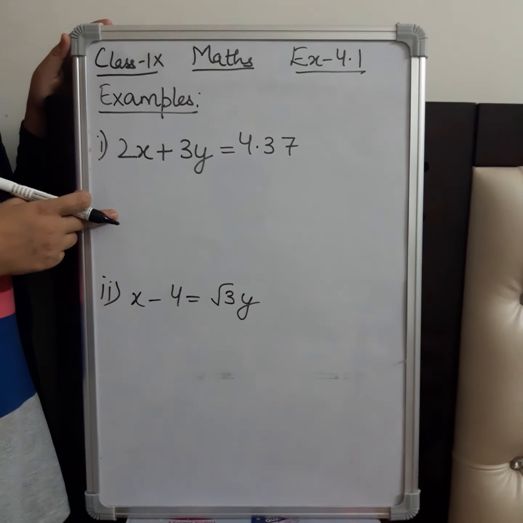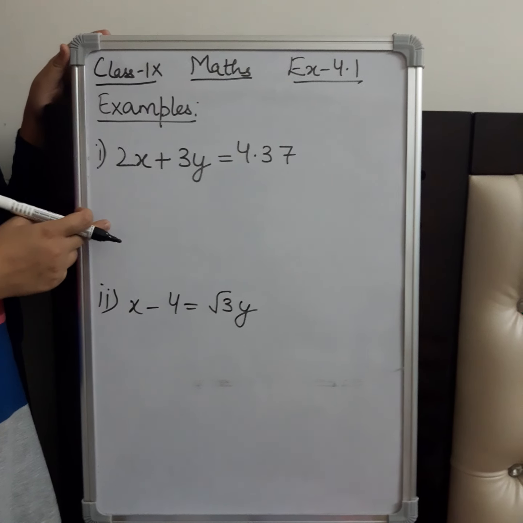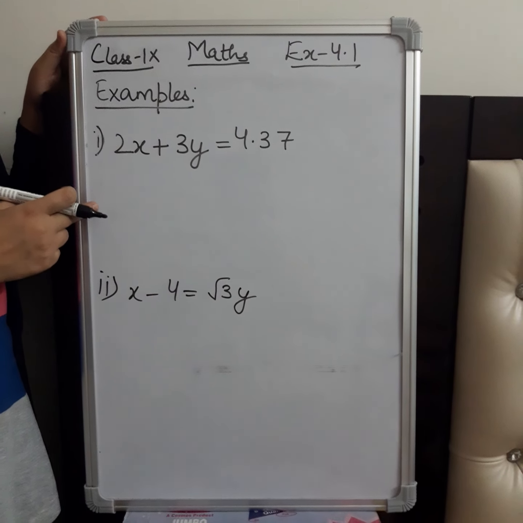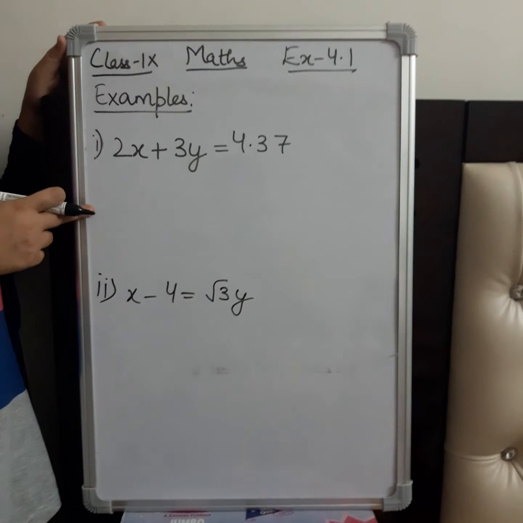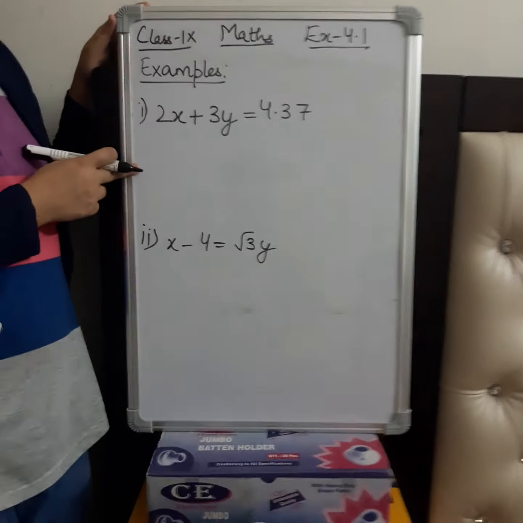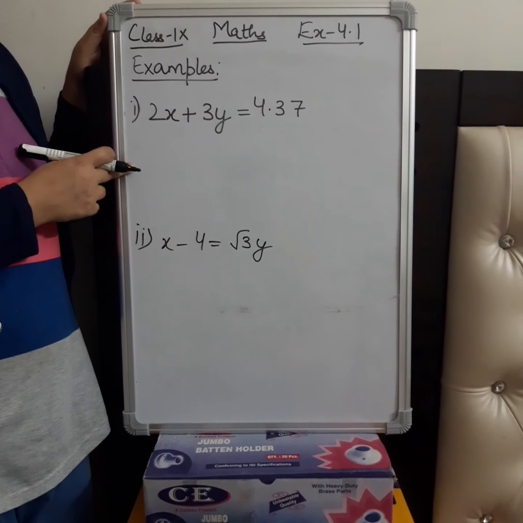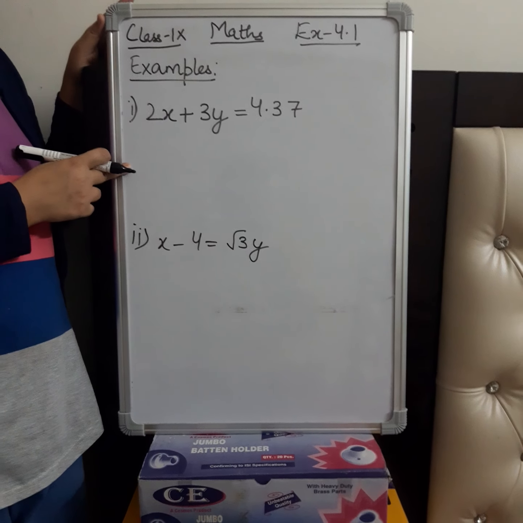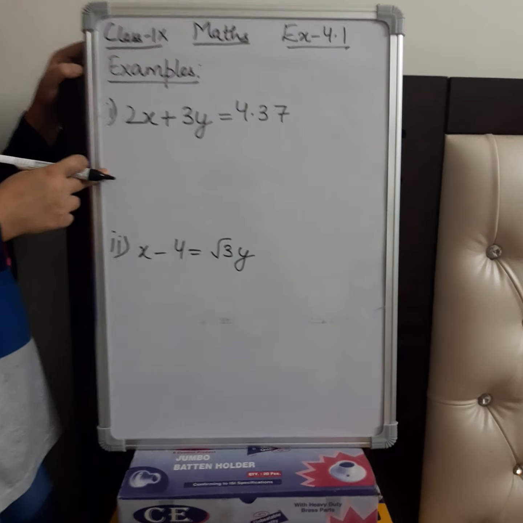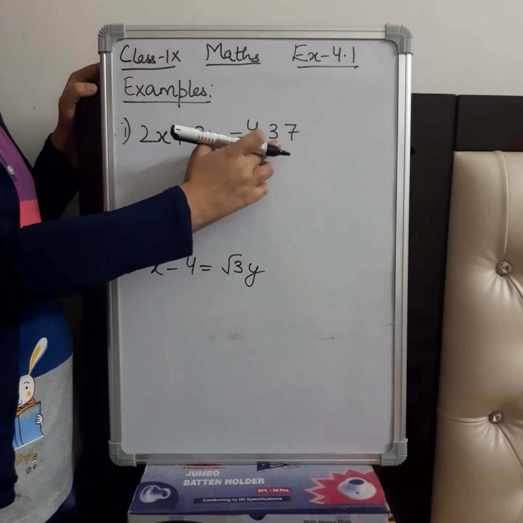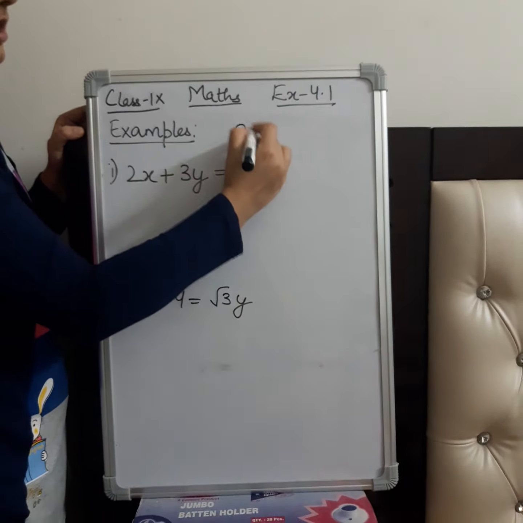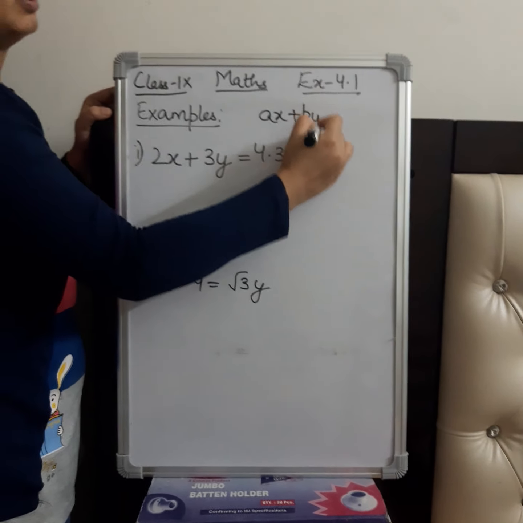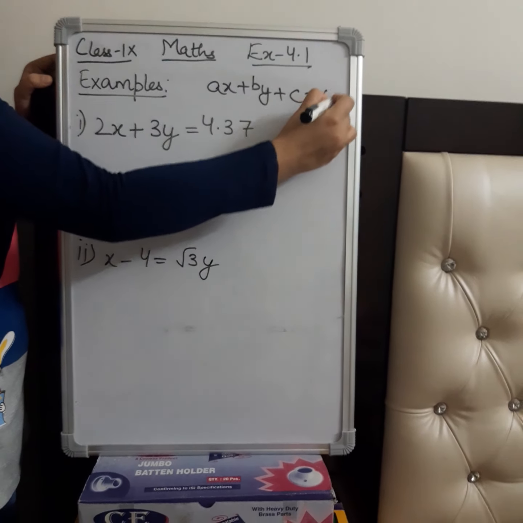Now let us discuss some examples from exercise 4.1. The first question says, write each of the following equations in the form ax plus by plus c equal to 0, and then tell the values of a, b and c. We want the right hand side to be 0, so we bring everything to this side to convert it into this form.